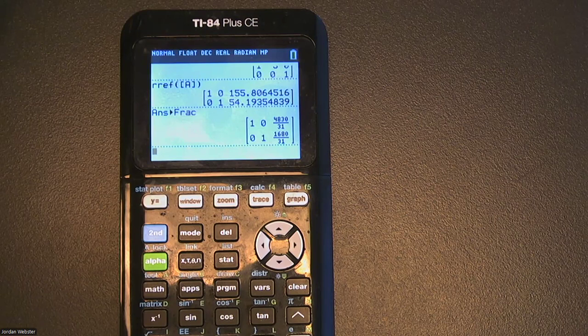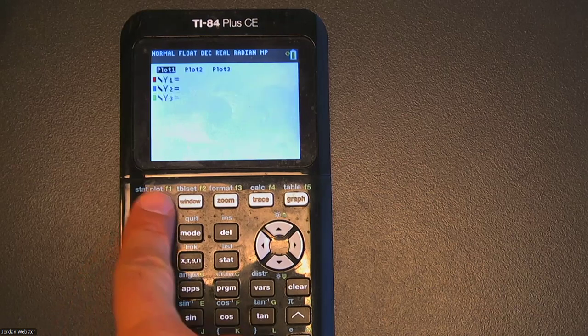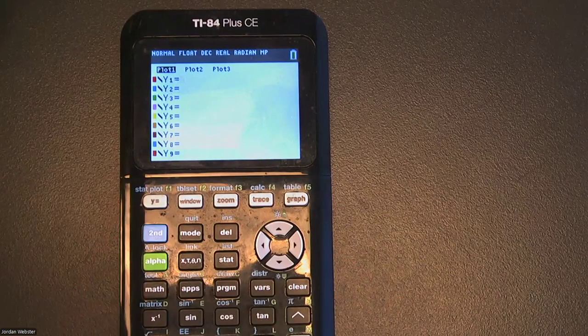And again, I like this method a lot better because then you don't have to adjust the window to see where things actually cross. If you had to do this on the graphing part of the calculator, like in the y equals, then you'd have to adjust the window until you can see where they cross. And sometimes that takes a while.